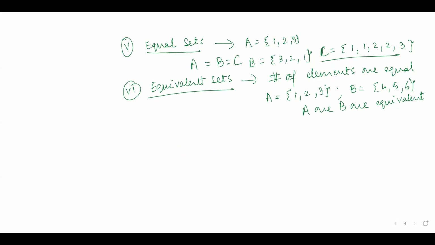Now let's go into categories of set. Number one category, universal set. Universal set is the set that contains all elements under consideration.